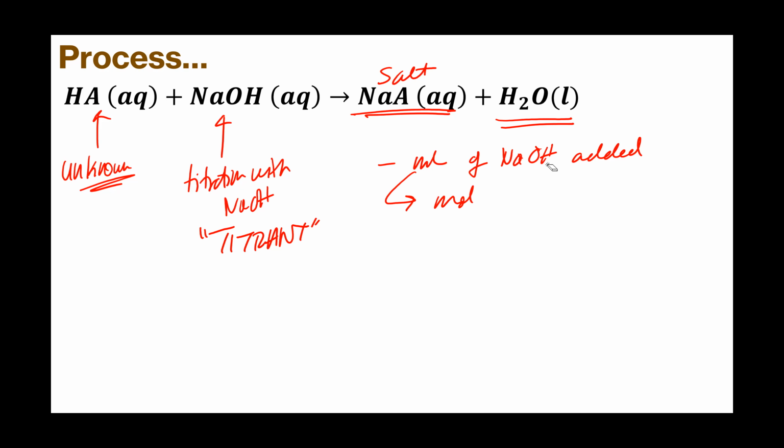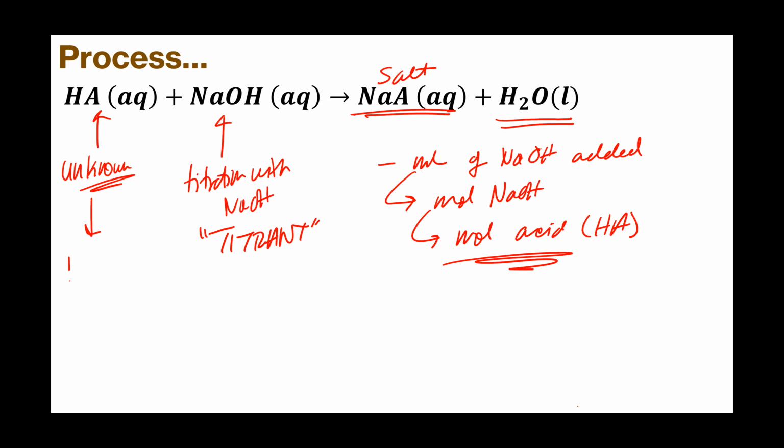The moles of sodium hydroxide will give us moles of acid, which in this case I've just dubbed HA because we have a monoprotic acid. That is how we're going to get moles of acid. The unknown, we will probably know grams of the sample.